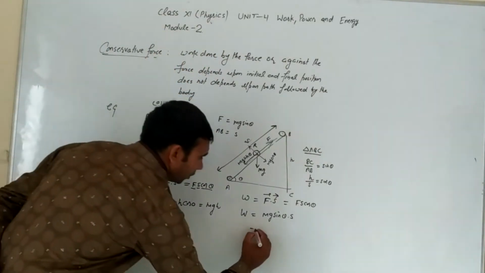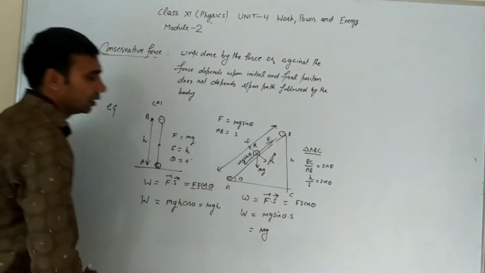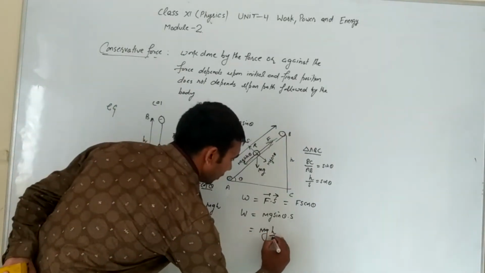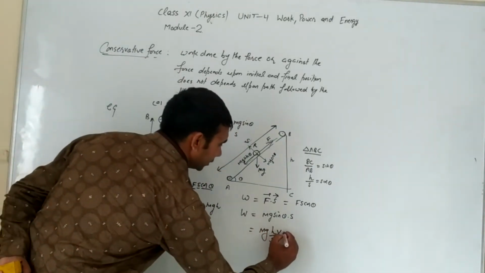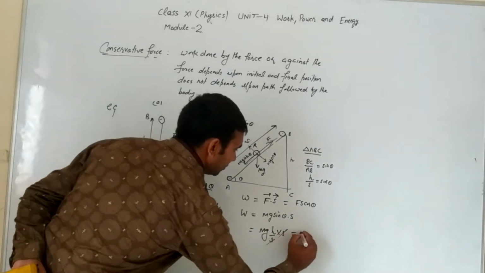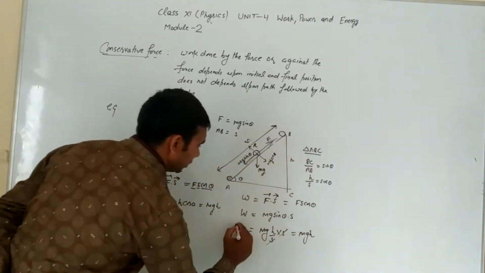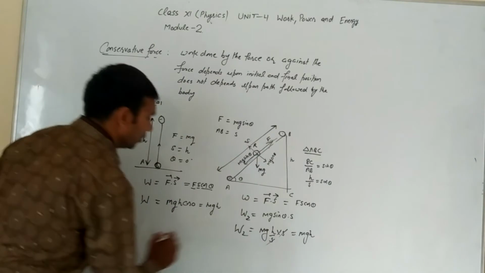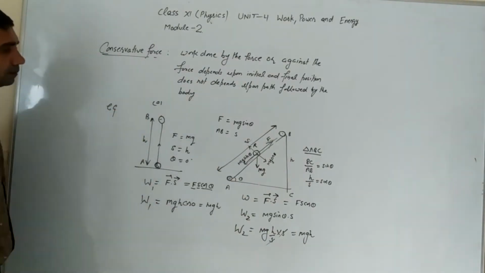So, putting the value, mg sin theta times s, that is mg times h upon s times s, that is mgh. This is the second work done, moving a body on the inclined surface.